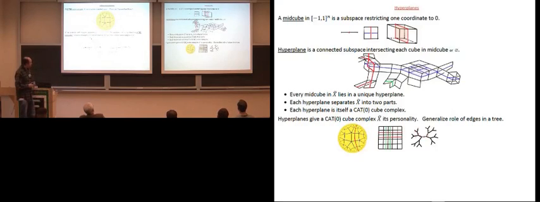What I want you to think about is this mid-cube right over here, and try to imagine how that mid-cube extends outwards to become a whole hyperplane inside of this CAT(0) cube complex. You see this mid-cube, and it intersects this 2-cube over here at a point, and then you have to intersect it in an entire mid-cube.